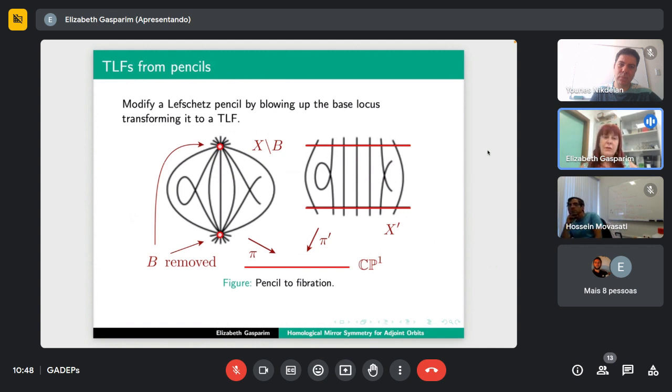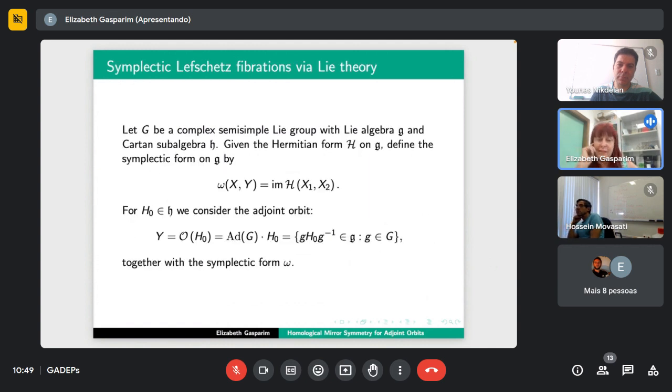So what we wanted to do, first of all, when starting to work on this, was to come up with examples of symplectic Lefschetz fibrations in whatever dimension. So here comes Lie theory to make up new examples. There's a change of category, let's say, but it will be extremely useful.